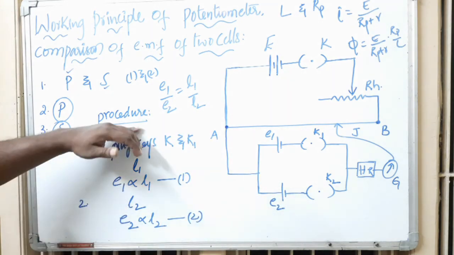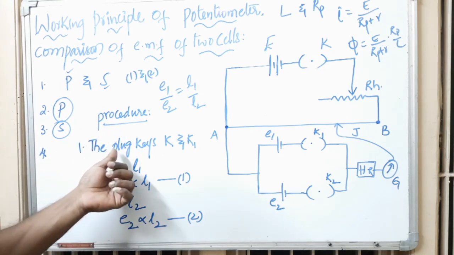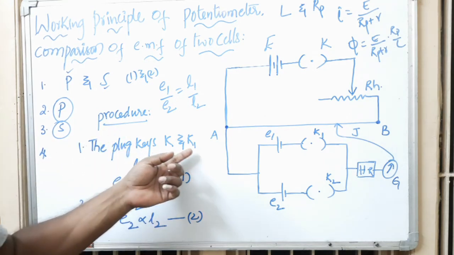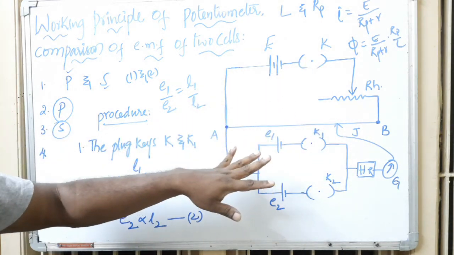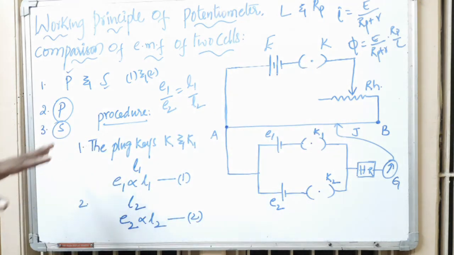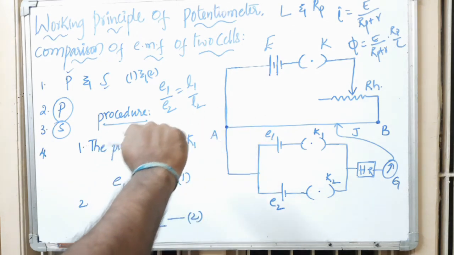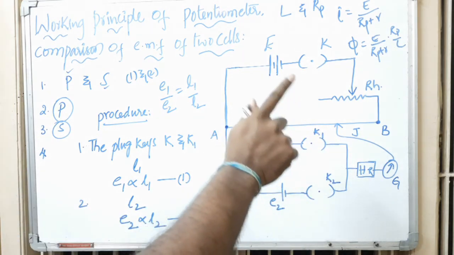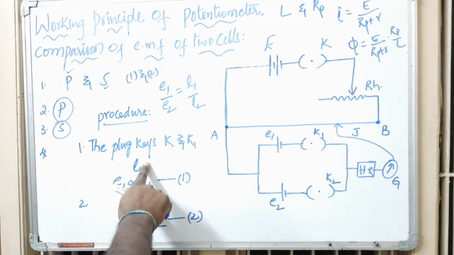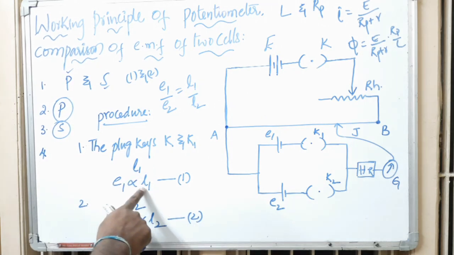And coming to the procedure, it consists of 2 points. The plug keys K and K1, this one and this one, are closed, and by adjusting the jockey on the wire, the balancing length L1 can be determined, such that E1 is proportional to L1.